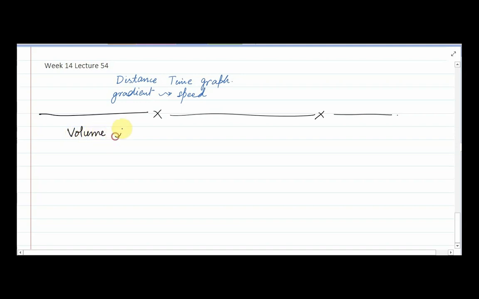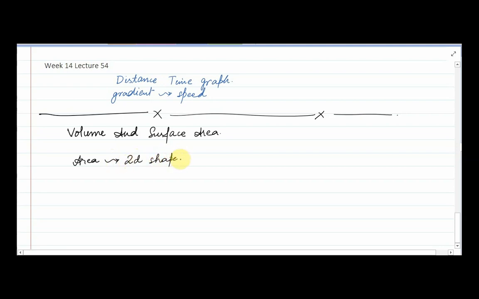Volume and surface area. Now the first thing we are going to start with is: what is area? Now we know that area is of 2D shapes.